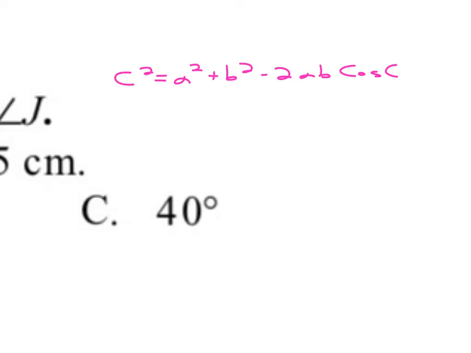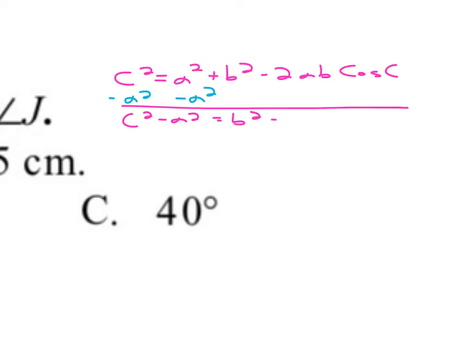I'm going to subtract away a squared to get c squared minus a squared equals that.